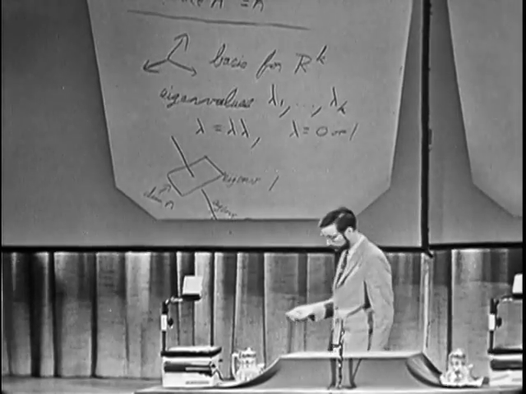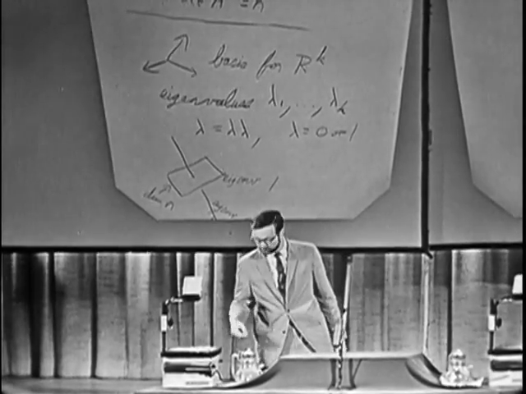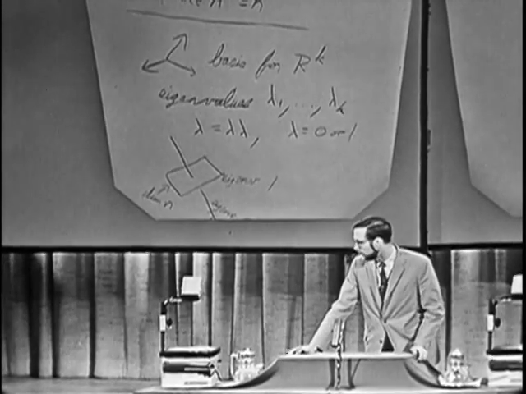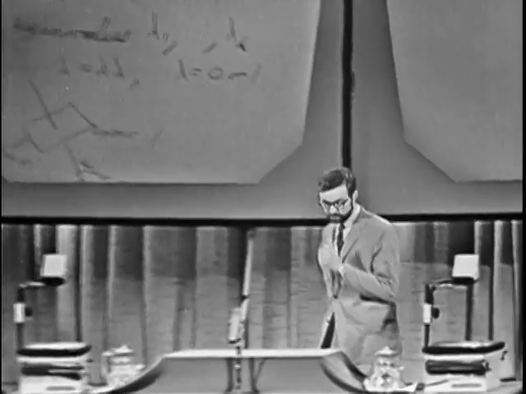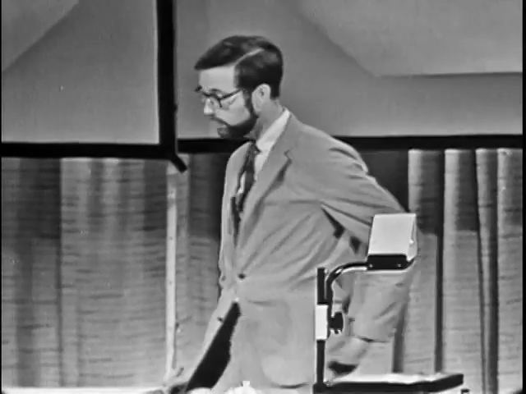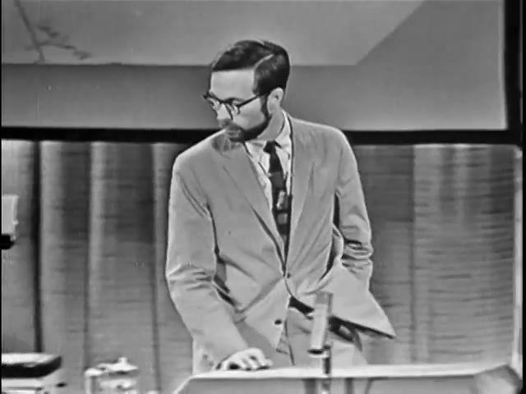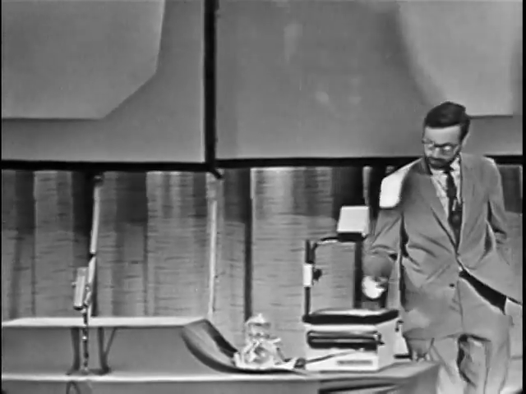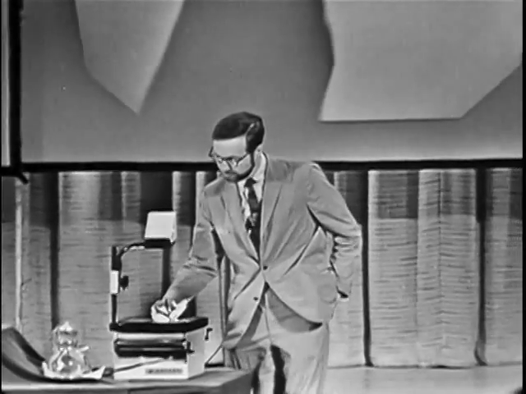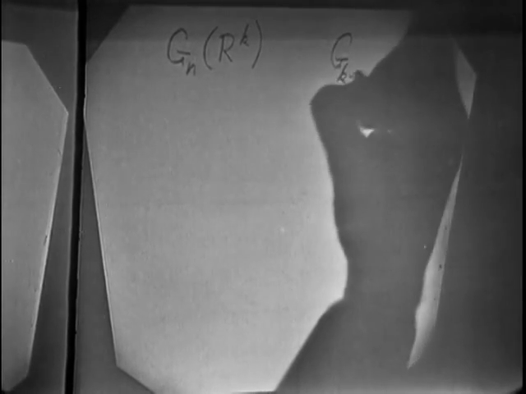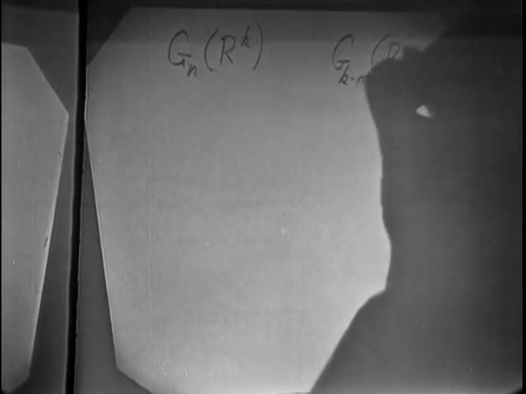So I've defined a certain set in k-squared dimensional Euclidean space. One can prove that this is a smooth manifold. You can also give here a fairly trivial example of a diffeomorphism between two differentiable manifolds. We take the differentiable manifold Gn of Rk and compare it with the differentiable manifold Gk minus n of Rk.